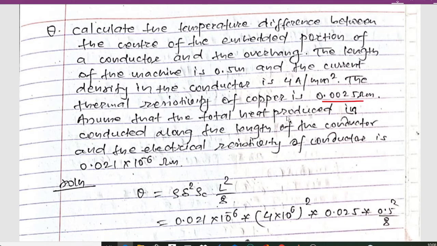Assume that the total heat produced in the conductor is conducted along the length of the conductor, and the electrical resistivity of the conductor is 0.021 into 10 power minus 6 ohm meters. This numerical was asked in 2016, though I do not remember whether it was fall or spring.